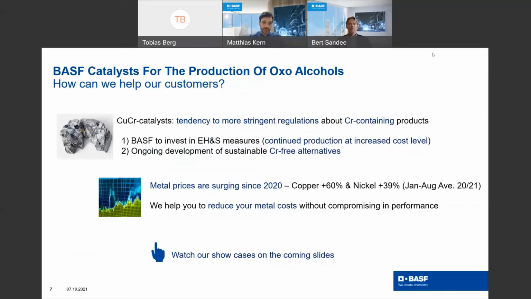For copper, for instance, the hydrogenation is usually done using copper-chrome catalysts, and chromium-6 especially is more and more stringently regulated due to its EHS issues. We are working on chrome-free alternatives, since the high investment costs required for EHS measures would increase the cost of our products, or the price for you as our customers.